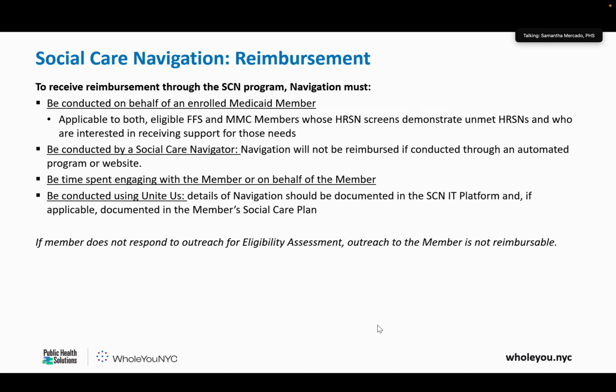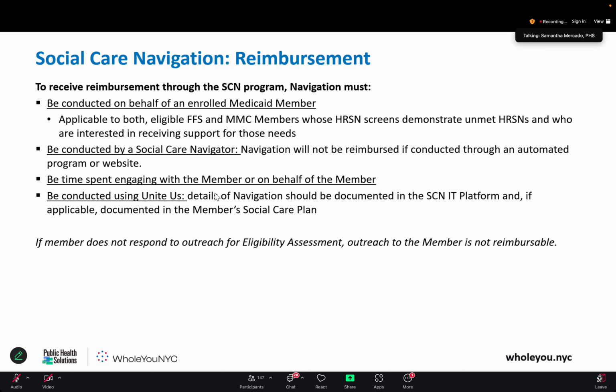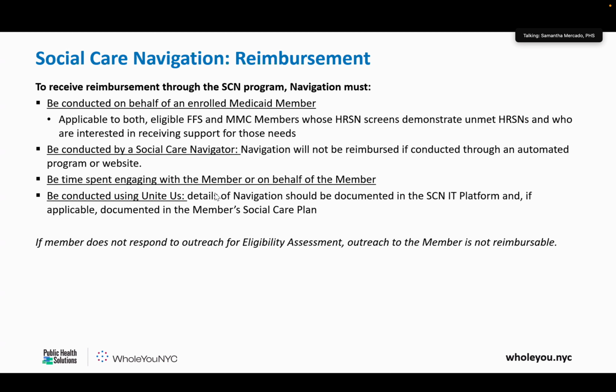Again, both fee-for-service and Medicaid managed care members are eligible. Must be conducted by a social care navigator. Be time spent engaging with the member or on behalf of a member. So again, looking for that interaction with the member, and then be conducted using the Unitas platform.